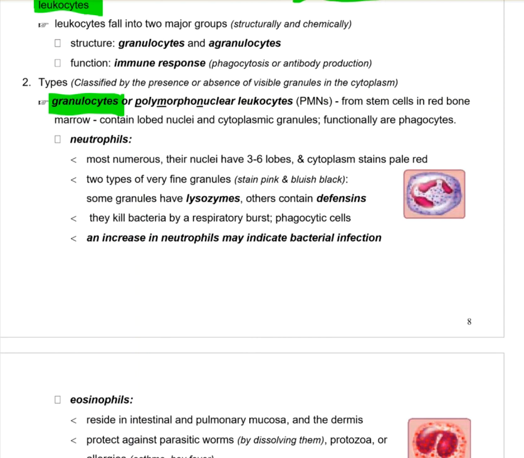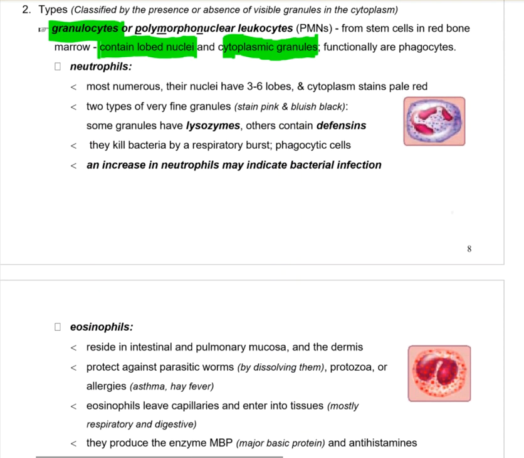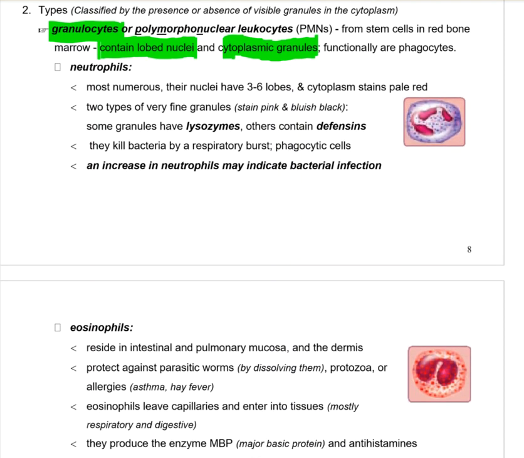Now, they're called the granulocyte because they have cytoplasmic granules. They have these little dots that you can see in the cytoplasm, and they have that lobed nuclei. Okay, that's the easy way to figure out what they are. Functionally, they are phagocytic. They will go around and engulf things. So neutrophils, let's start with neutrophils.